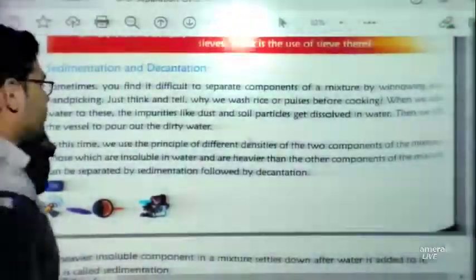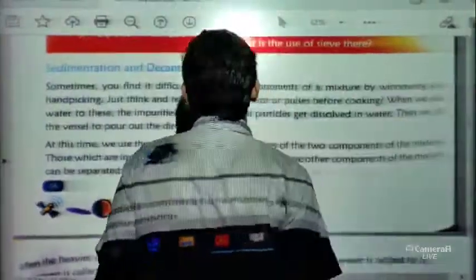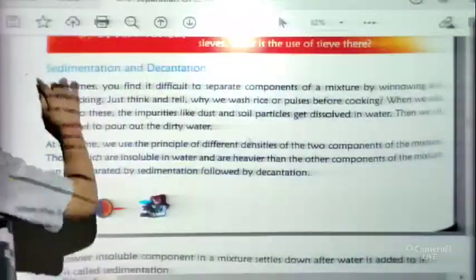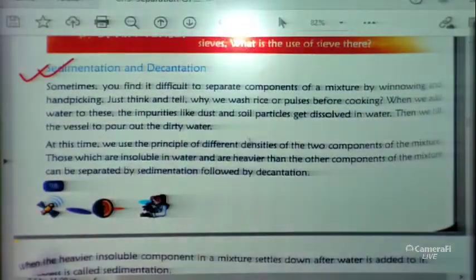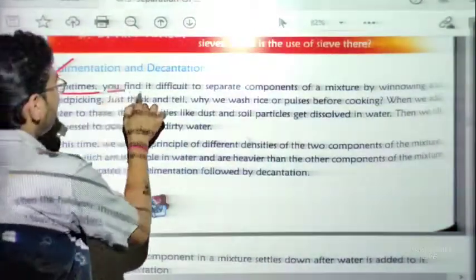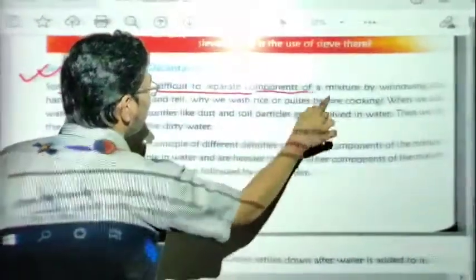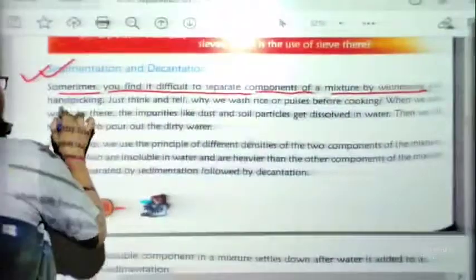Now next one, students, very important one, we call it sedimentation and decantation. So what is the process of sedimentation and decantation? Sometimes you find it difficult to separate components of a mixture by winnowing and hand picking.